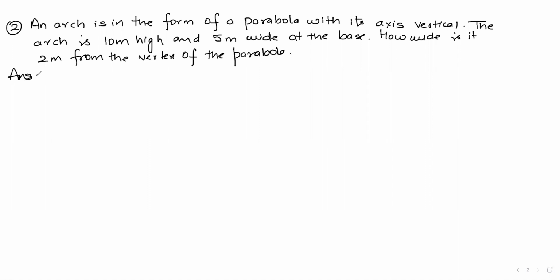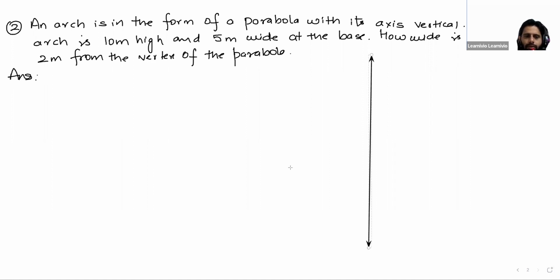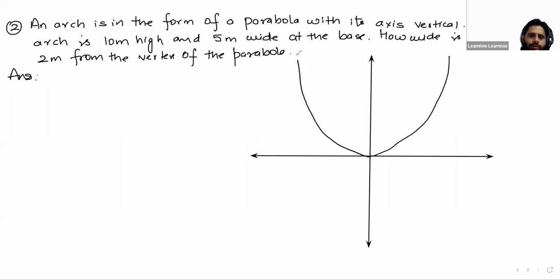Okay. So I will just draw the figure of this, and Rishan, this you need to do on your own. Now, in this case, the shape is parabola and the axis is vertical. Rishan, you already know that the axis vertical means our shape will be like this. The arch is 10-meter high. The height is 10 meter.